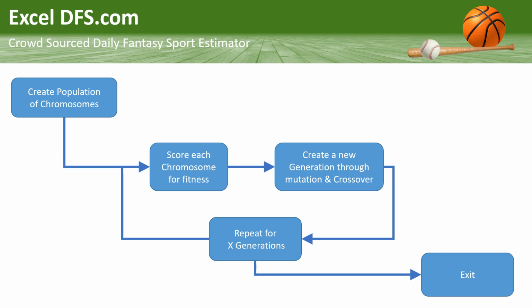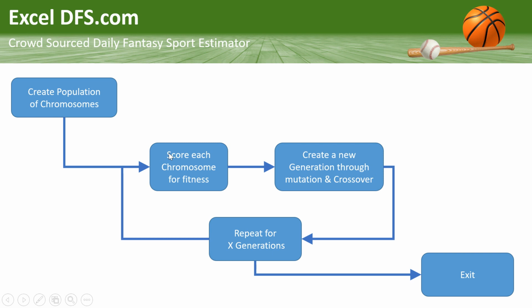There might be 50 or 100 individual chromosomes in a population. When they are created by the workbook, each individual chromosome is uniquely different from its neighbours, giving the population a level of diversity that's required to complete the task.